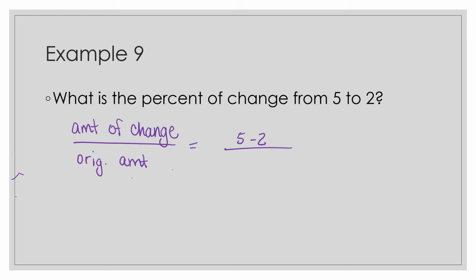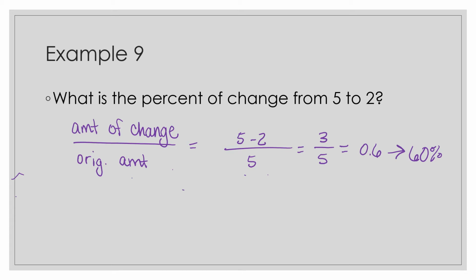So 5 minus 2, and the original amount was 5. 5 minus 2 is 3, divided by that 5, which was the original amount. 3 divided by 5 is equal to 0.6. So to change that to a percent, we move that decimal 2 places to the right, which gives us 60%.